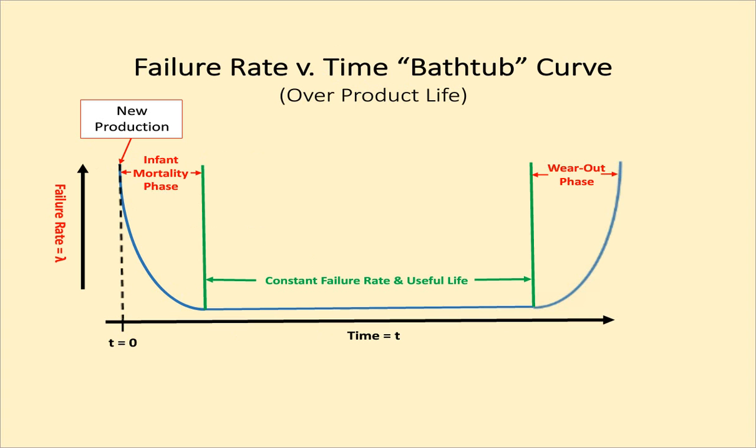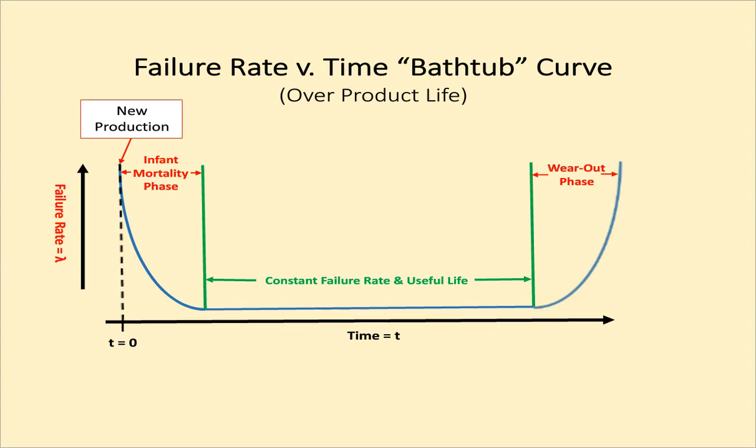So this graph is frequently called the bathtub curve. There are three phases that products typically go through: infant mortality, a constant failure rate or useful life phase, and a wear-out phase. On the vertical axis of this graph is failure rate, or lambda, that I described earlier.